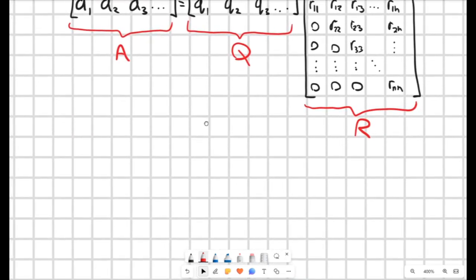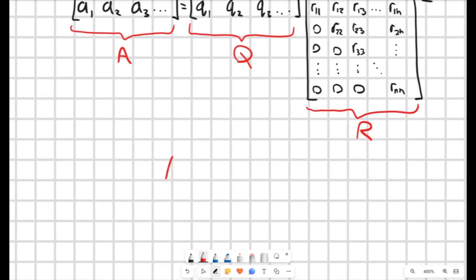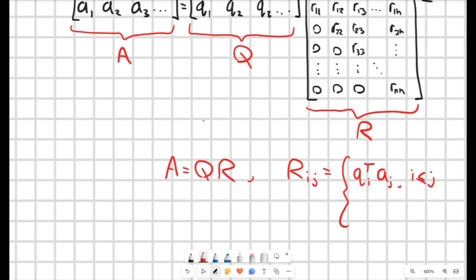So finally, what we have is that A is equal to Q multiplied by R, where the elements of R are defined by saying that Rij is equal to Qi transposed Aj for the case where i is less than or equal to j. This defines the upper triangular part of the matrix, and it's equal to 0 otherwise.